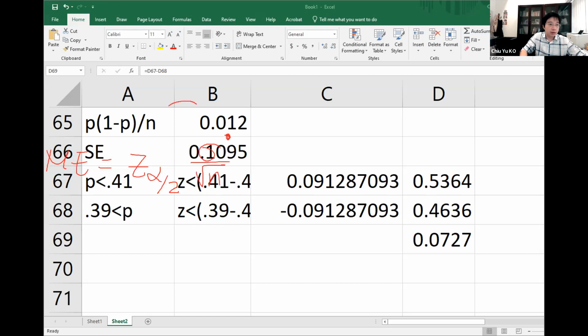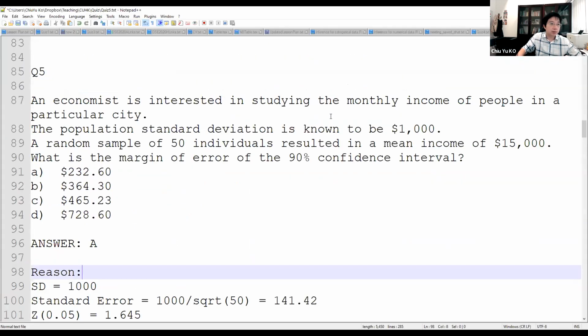So we want a 90% interval. Okay, the mean.